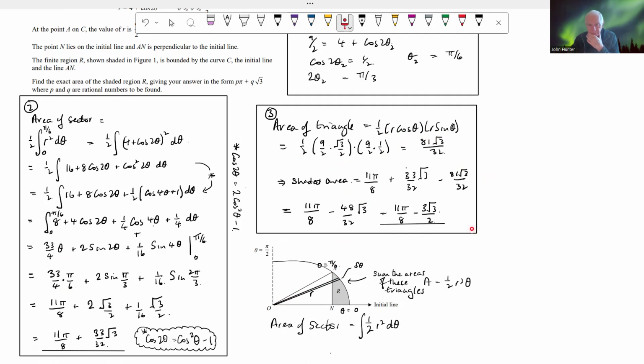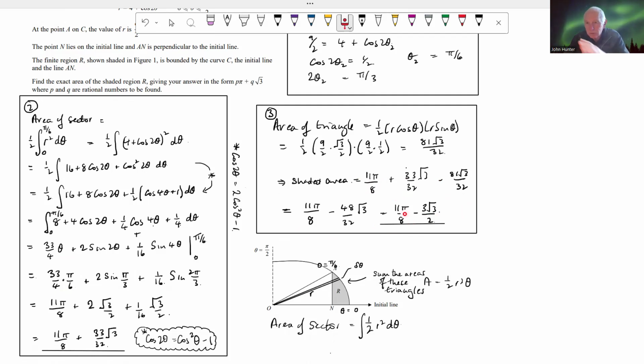So therefore, the shaded area is going to be the difference of those two. So it's going to be the area of the sector minus the area of the triangle. And again, just a little bit of working through is going to give us that. So again, if you're not convinced, pause the video and work it through yourself.